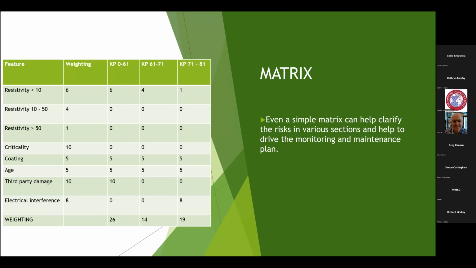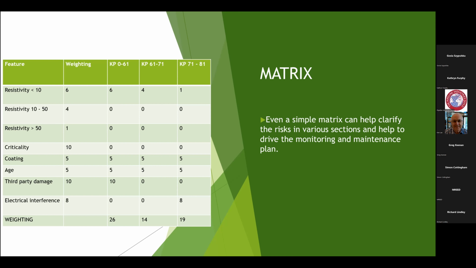So we've put together a very simple matrix here with some weightings on it. We've looked at the resistivity on the left, which is a measure of how conductive the soil is. And if it's very conductive, then it's more likely that corrosion can occur than if it's not very conductive. So you can make up your own weightings. Indeed, you'll have to for every pipeline because they're all different.